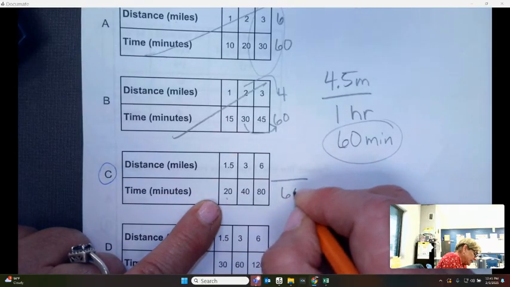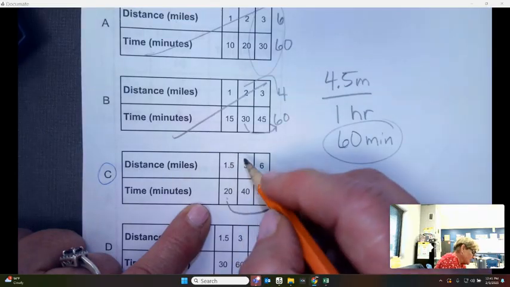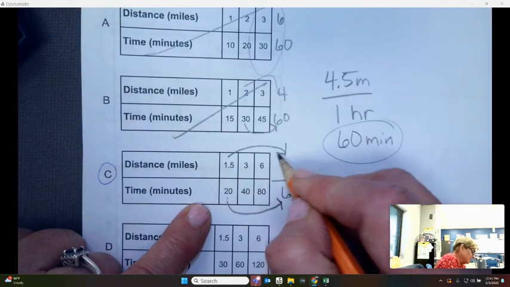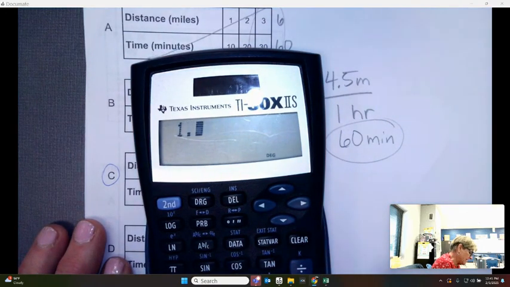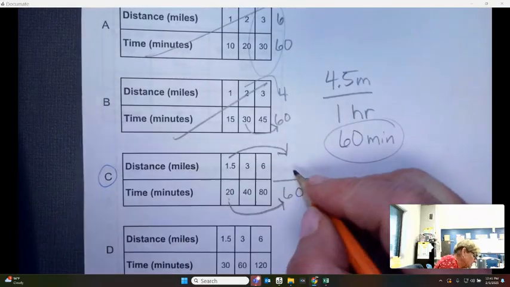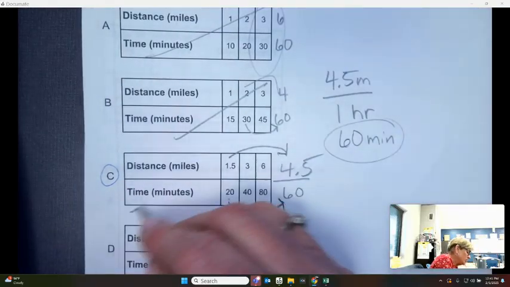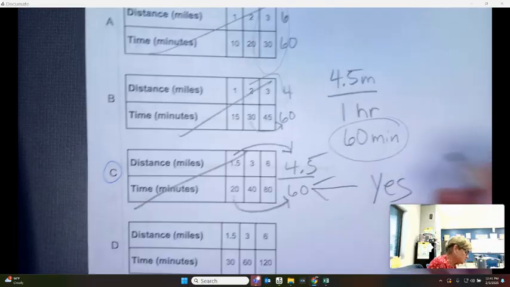So 20 times 3 is 60. So 1.5 times 3 is 4.5. I'm almost sure that is. 1.5 times 3 equals, yep, 4.5. So there it is right there. And let's double check, this one, C is the yes. That's the big fat yes.